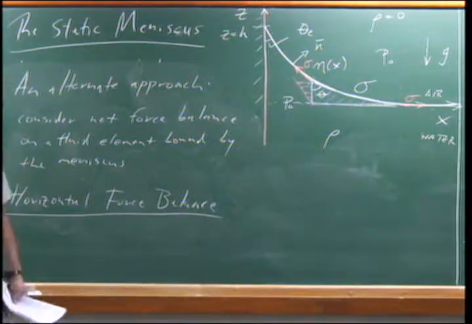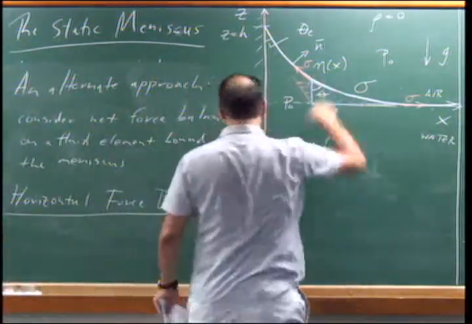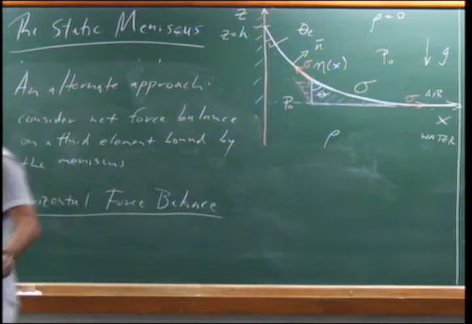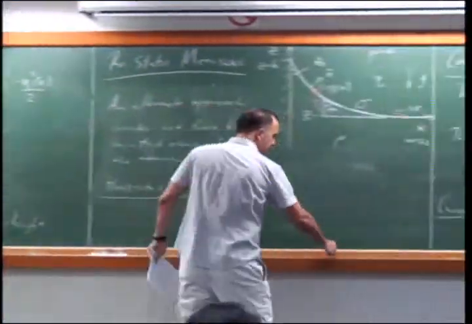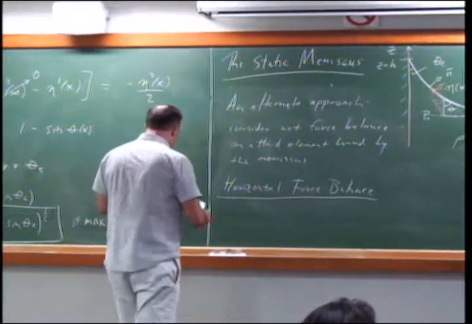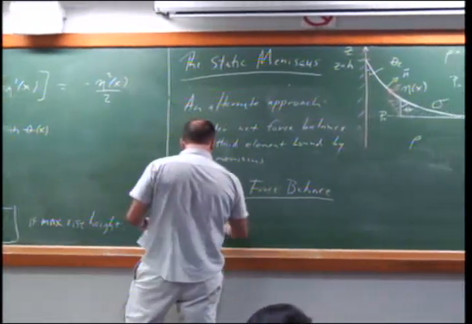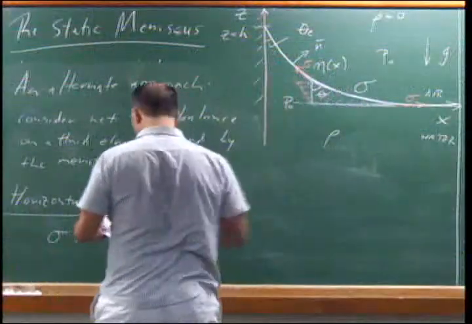Okay, so those are all the horizontal forces acting. There's nothing acting here, so the atmospheric pressure is 0. The horizontal force balance then is sigma sine theta, that is this tension pulling in that direction.